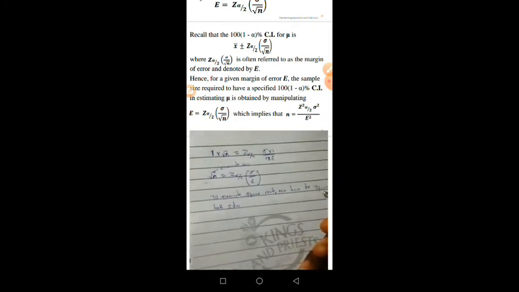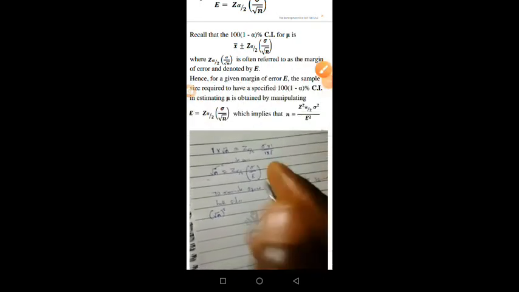We have to square both sides. That will be n square root equal to what?